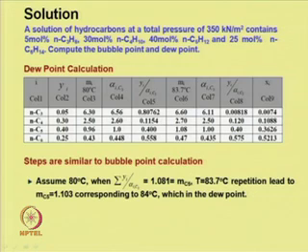Then we can repeat the calculations, which will give around 1.103, which corresponds to the temperature of 84 degree centigrade, nearly the assumed temperature 83.7 degree centigrade, and hence the dew point is 84 degree centigrade.